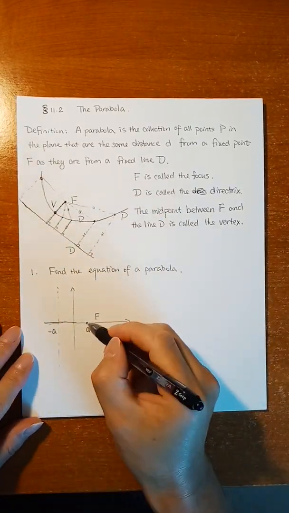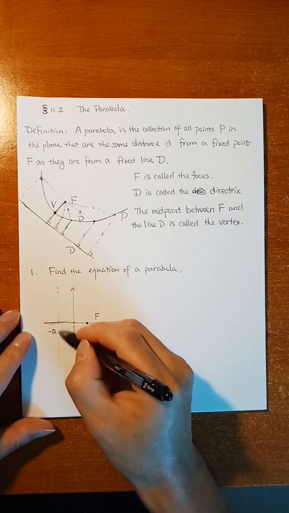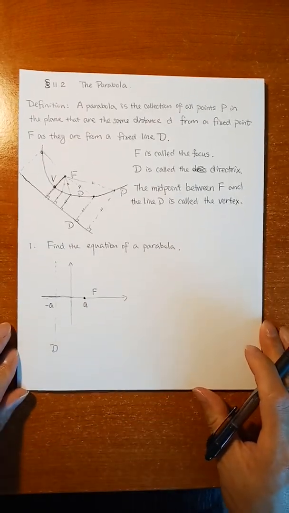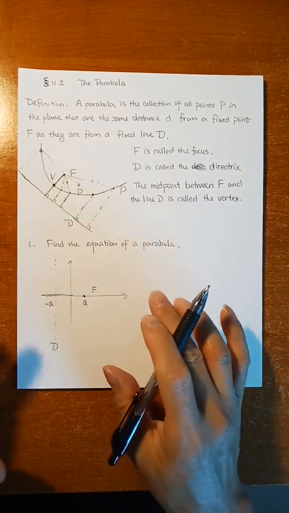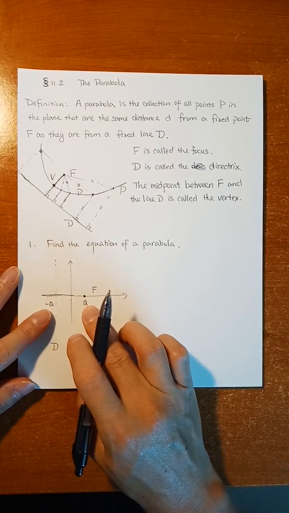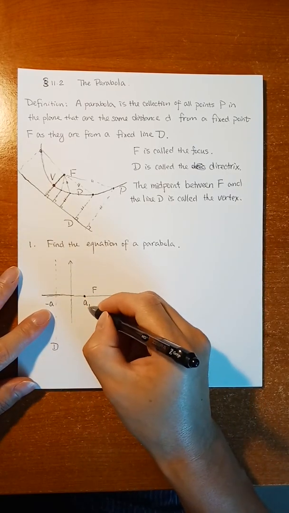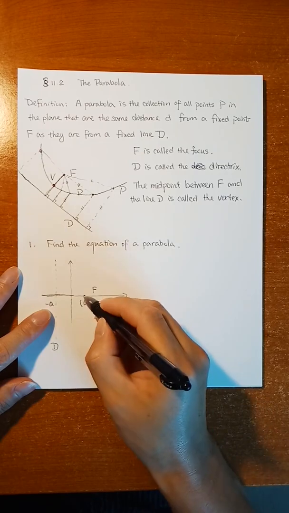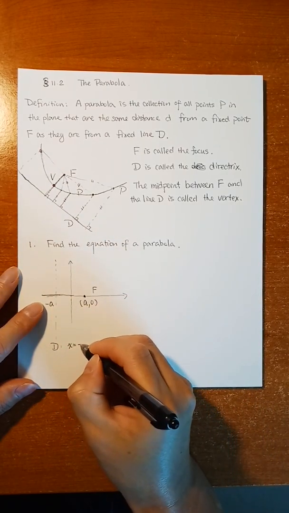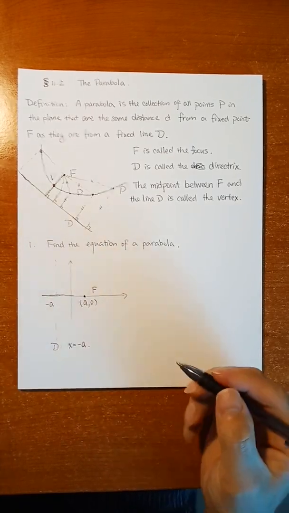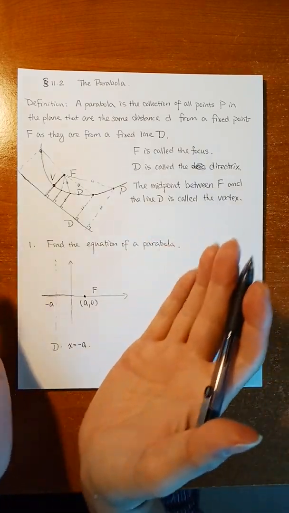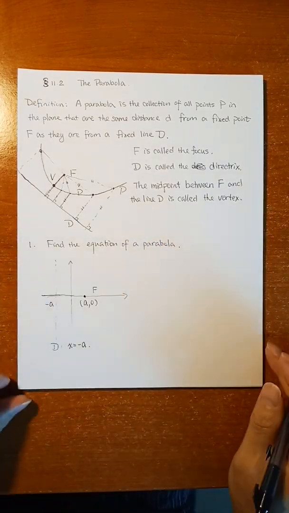One has coordinate a, the other one has coordinate negative a. This is the directrix. We are going to find the equation of the parabola with the focus at (a, 0) and the directrix x equal to negative a. It's very specially placed.